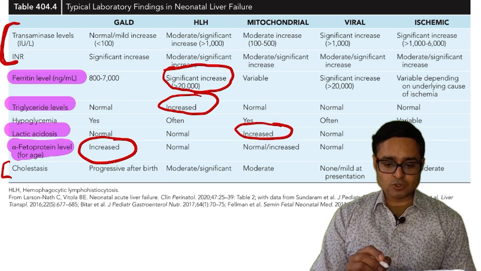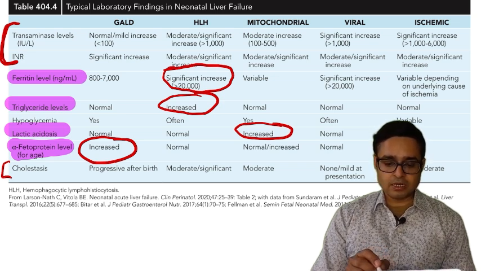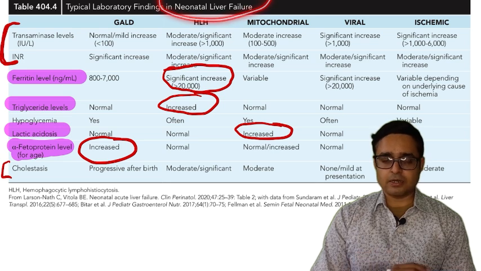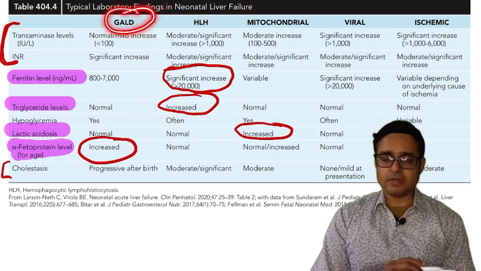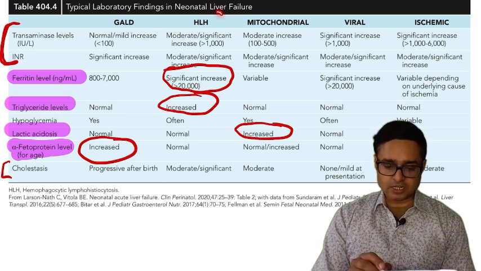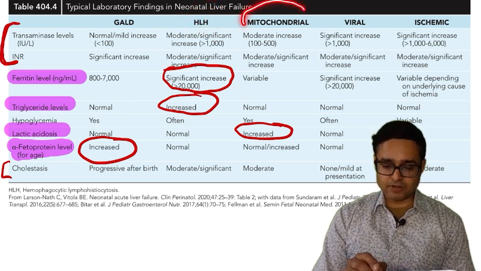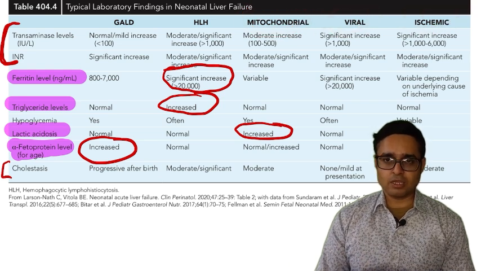This is actually a table from Nelson, which displays the differential diagnosis of neonatal liver failure. First is GALD, that is gestational alloimmune liver disease, then HLH syndrome, mitochondrial liver failure causes, viral and ischemic. This is a very exhaustive looking table.